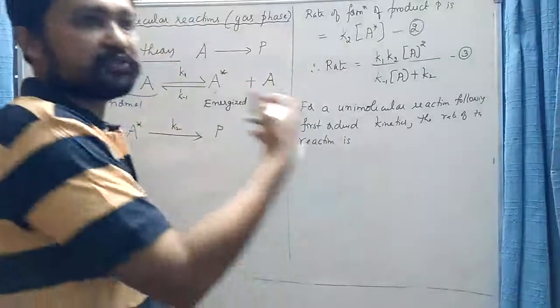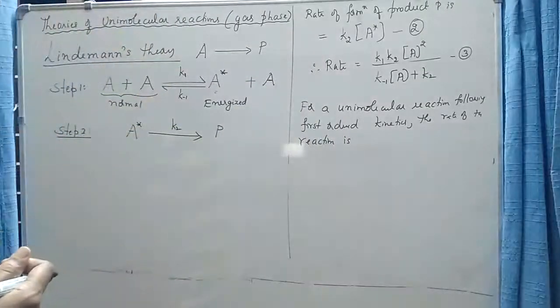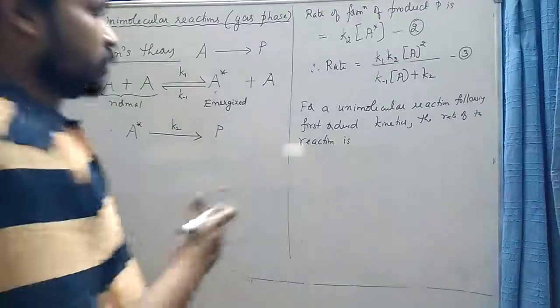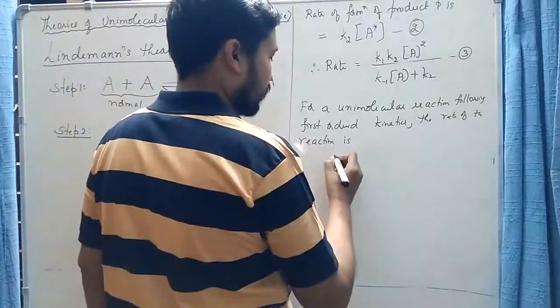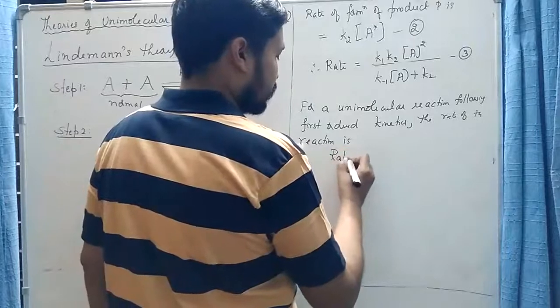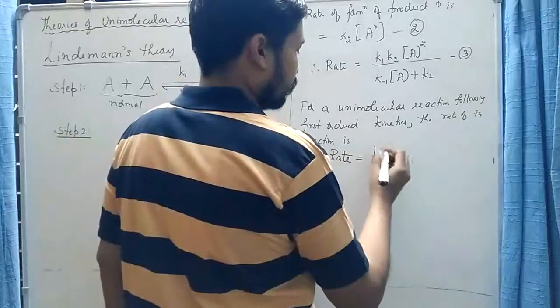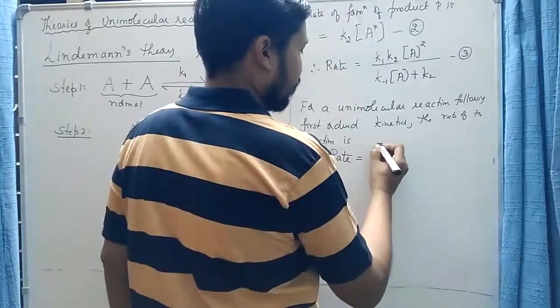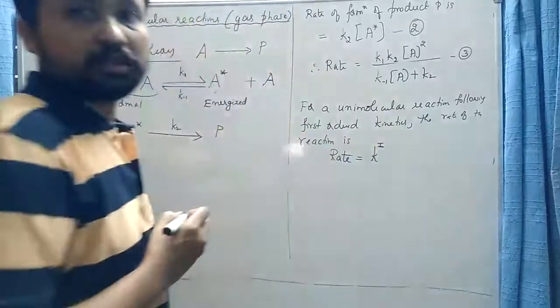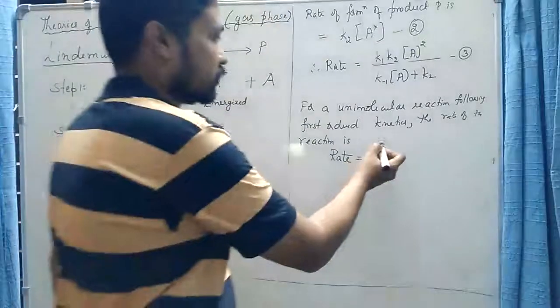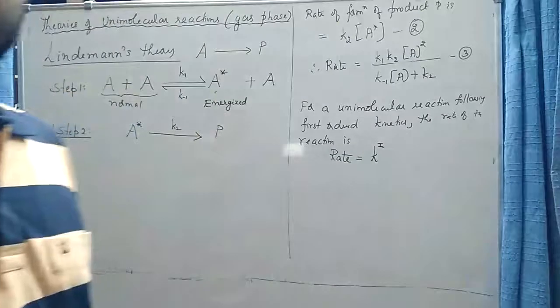So suppose the unimolecular reaction followed first order kinetics as proposed by Perrin, then you can write the rate of a unimolecular reaction as rate is equal to rate constant, which I take as K1, with 1 here representing first order rate constant.